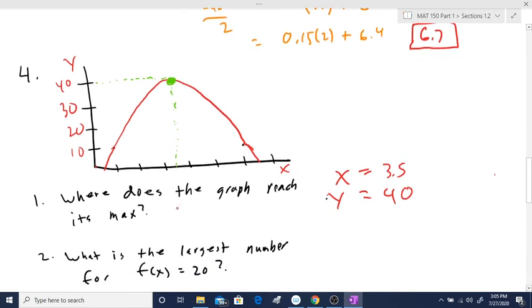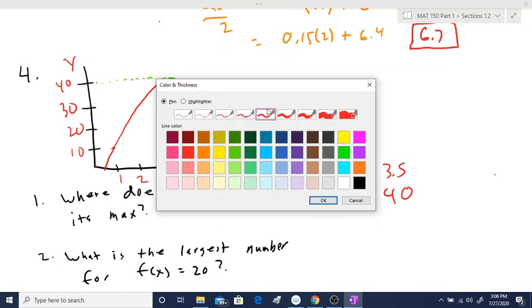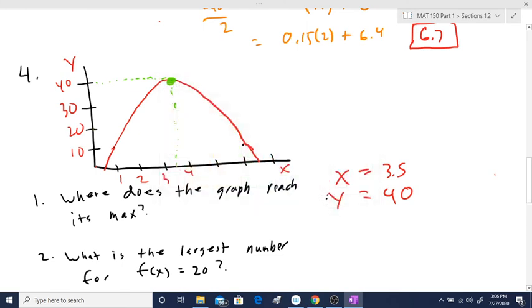Now, what is the smallest x value where f of x is 20? So to recall, f of x is 20, that's not where you go at the bottom, because that's 1, 2, 3, 4, and go all the way to 20. No, that means what value is x when it's 20? Well, in this case, here's my other dotted line.